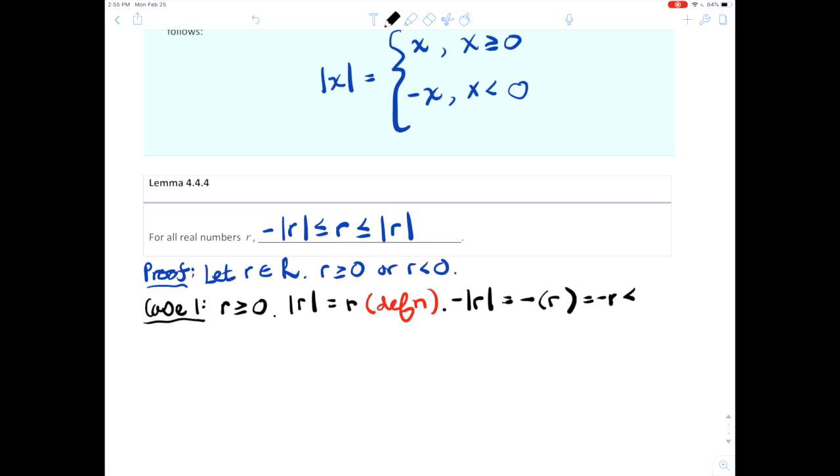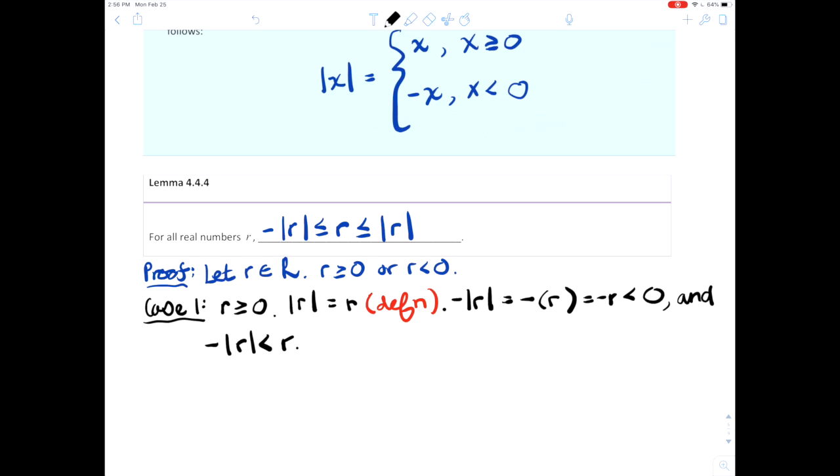And that must be less than 0. And negative absolute r would also be less than r, if r is positive, wouldn't the negative of absolute r have to also be less than r, right?